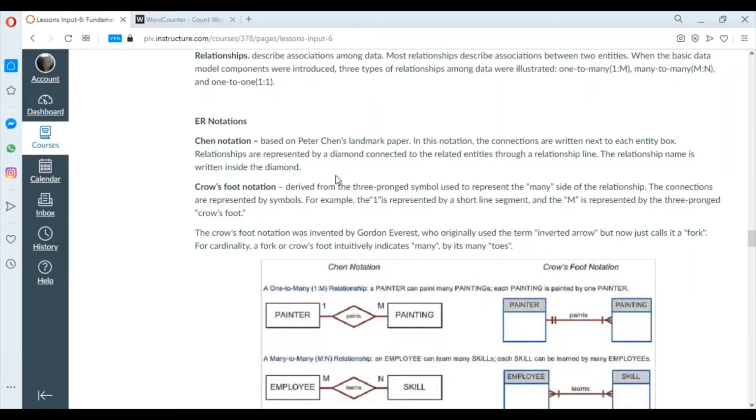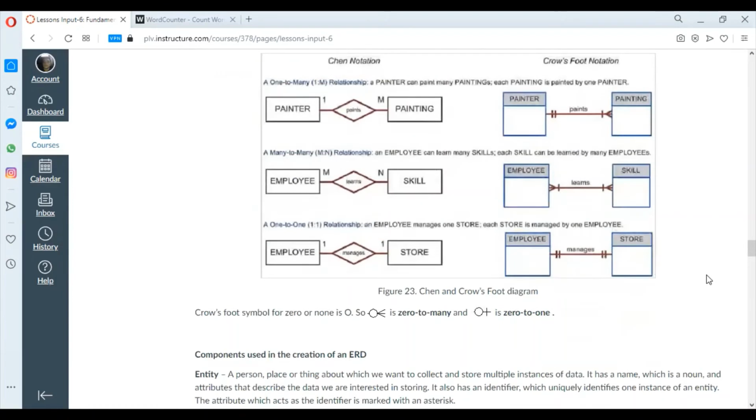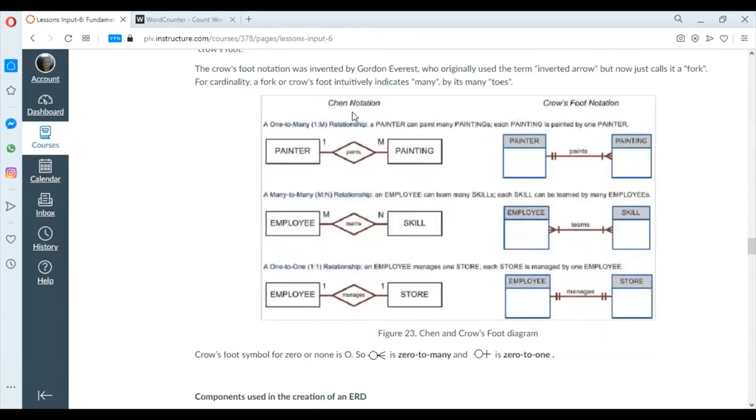For cardinality, a fork or crow's foot intuitively indicates many, by its many toes. So we have here a sample comparison between Chen and Crow's Foot notation. As you notice, we have discussed this earlier. For the Chen notation, objects or entities are represented by a rectangle.